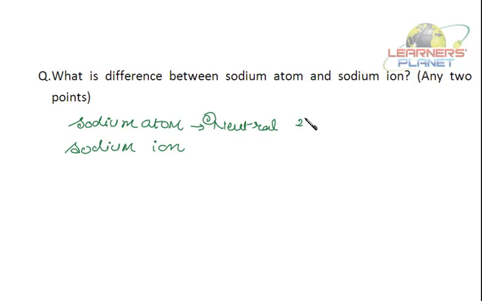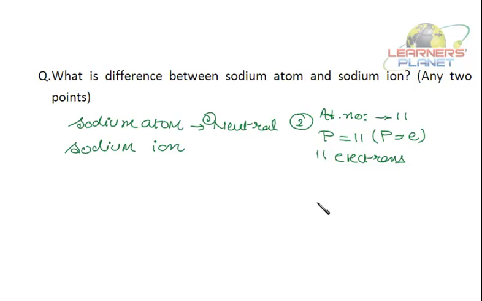Secondly, how many electrons are there in sodium atom? Now you must be knowing what is the atomic number of sodium. Atomic number of sodium is 11. That is, the number of protons in sodium is 11, and the number of protons is equal to the number of electrons in an atom. So sodium atom has 11 electrons.